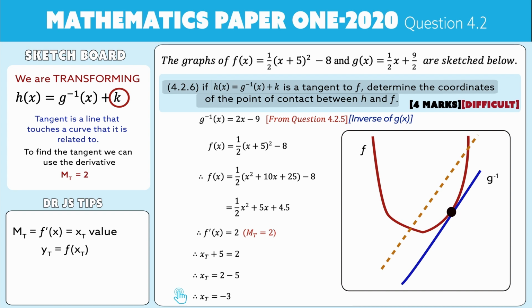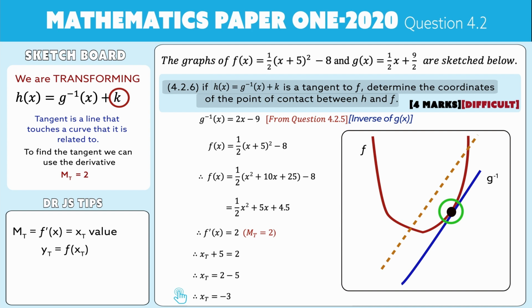Now all I need to do is put that into, remember I'm looking for the point of contact between these two functions. It has moved. So this here is a new y-intercept for that function.